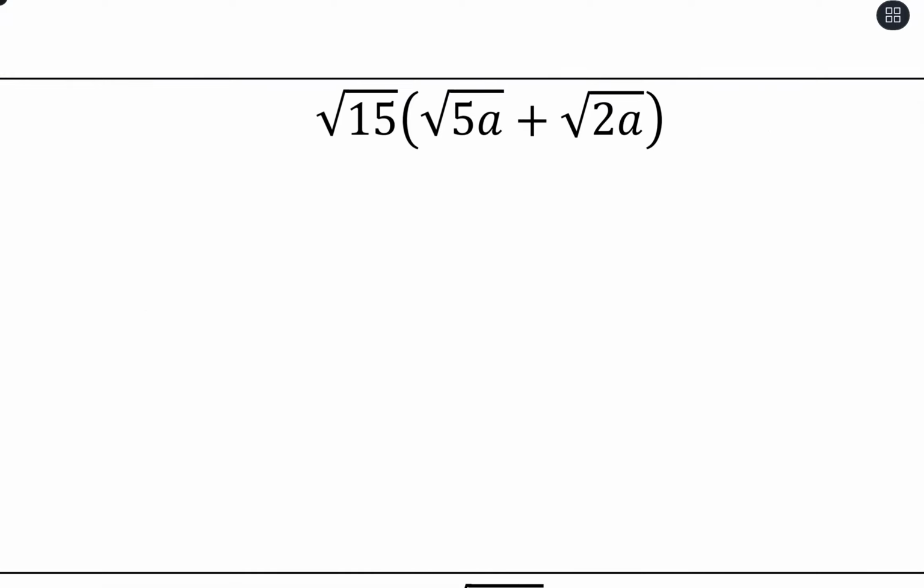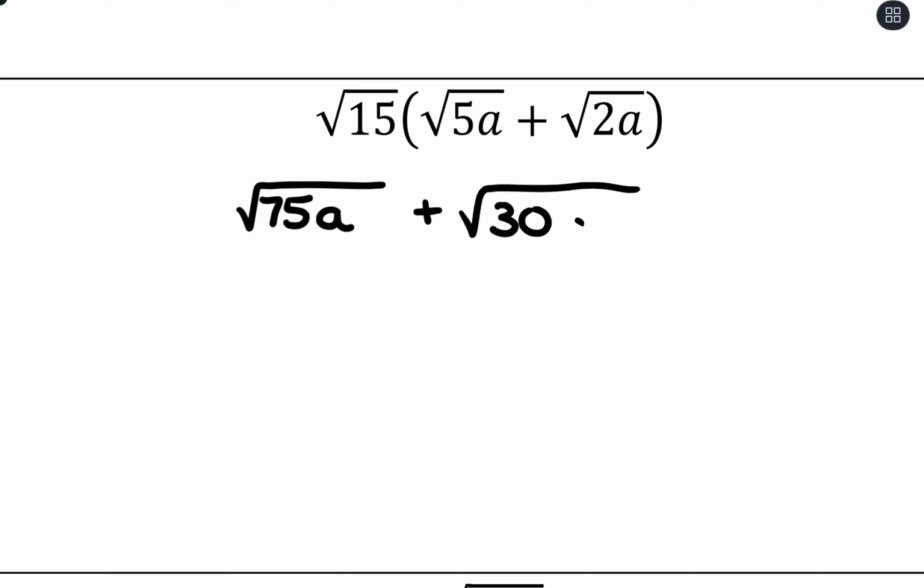Okay, with our next one, we're going to distribute a root 15. So let's see, root 15 times 5. So 15 times 5 is 75. And then we have a multiplying underneath, plus root 15 times 2 is 30, and then an a.